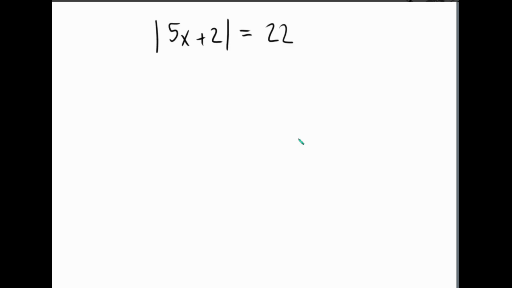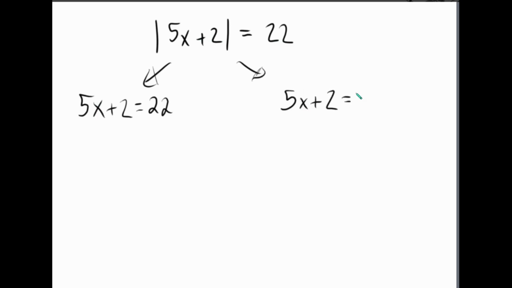I'm going to build my two cases. 5x plus 2 could equal positive 22. But also, because the absolute value of negative 22 could equal 22, 5x plus 2 equals negative 22.